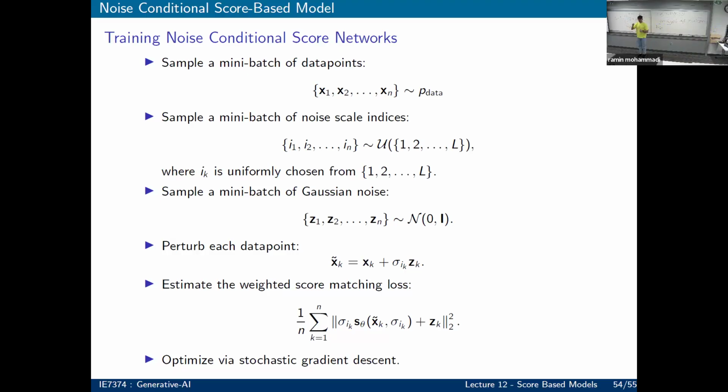If I pass the pure noise to my S theta that I have learned in the previous step, S theta tells me how likely it is, basically which direction to go and update this image in order to make it more likely. So you use that knowledge to update your image, then pass the image back again to the model, sequentially. You do this a series of times and you get to the point where you have a denoised version of the image, and that depends on how good your model is overall.